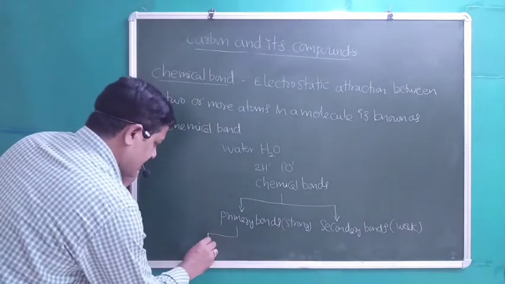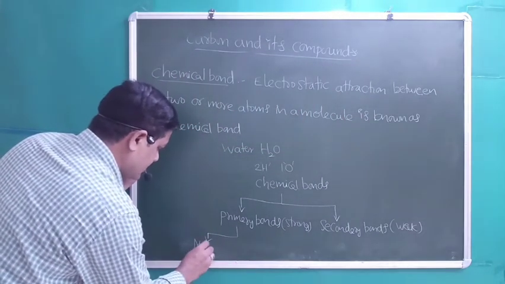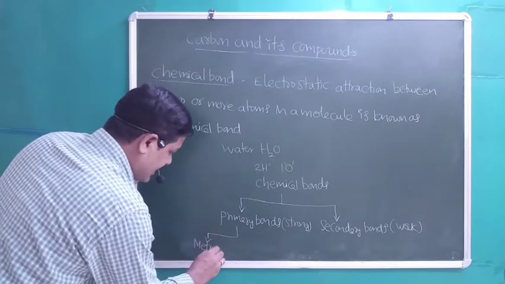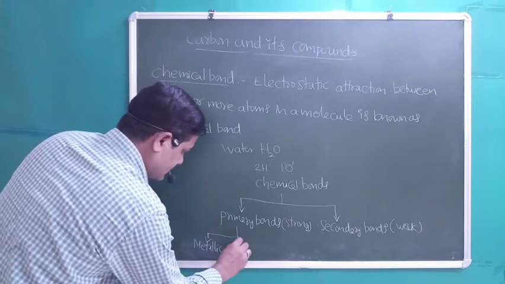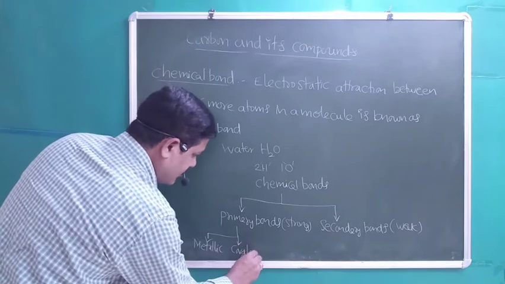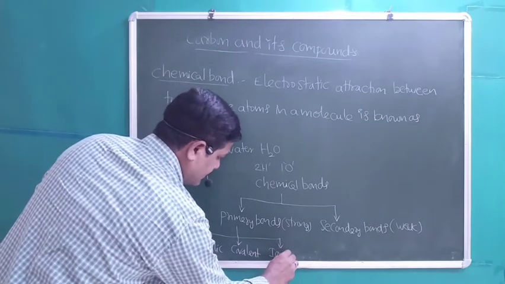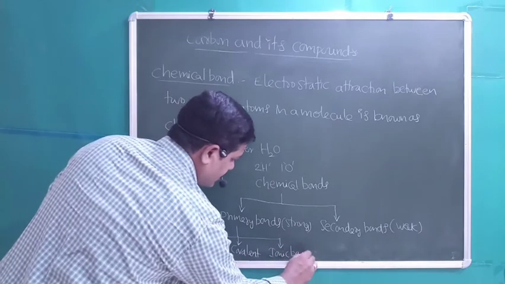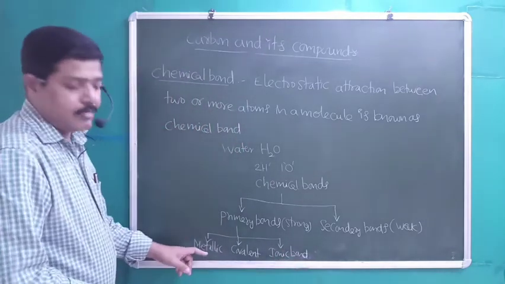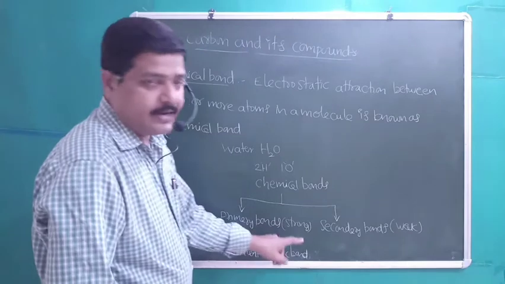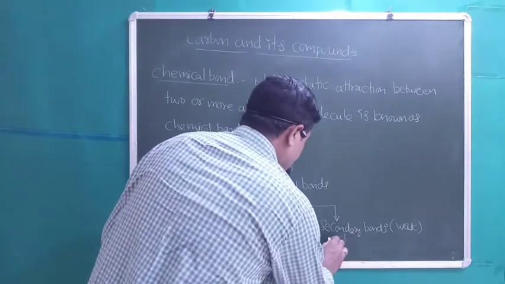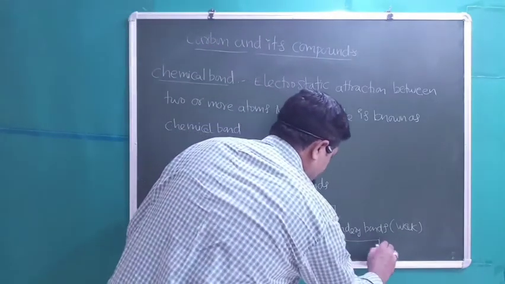Primary bonds are again classified into three types: metallic bond, covalent bond, and the third one is ionic bond. Secondary bonds are of two types.